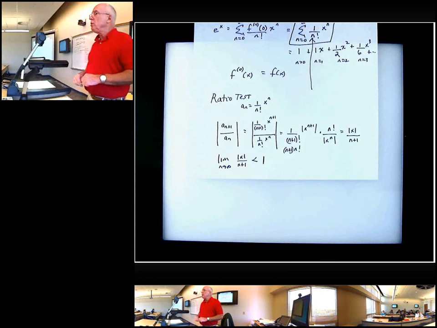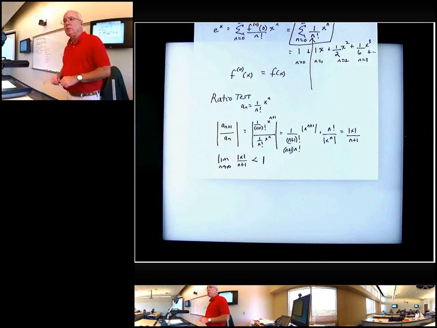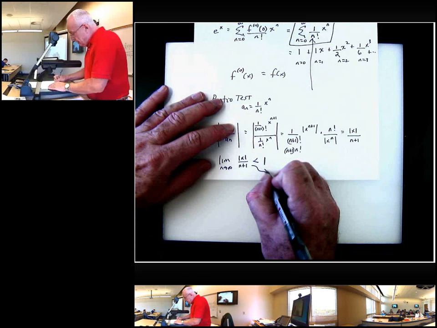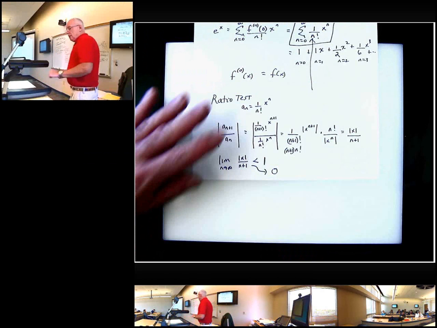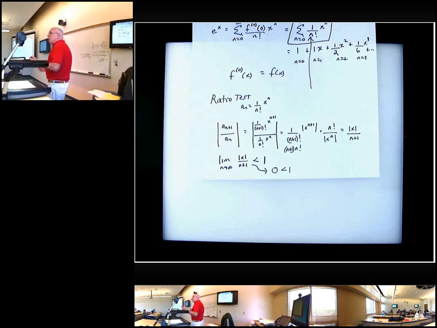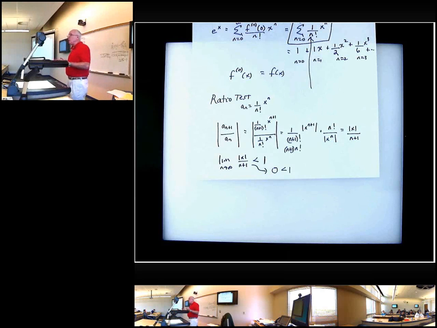Well, I think we're going to be good to go on that one, aren't we? No matter what value of x we have, that denominator is going to keep getting bigger and bigger, so this limit here is equal to 0. So that's, of course, less than 1. So therefore, this thing converges no matter what our value of x is.